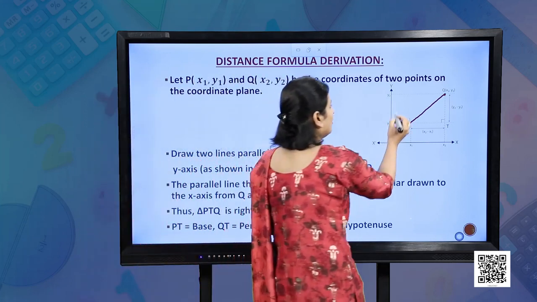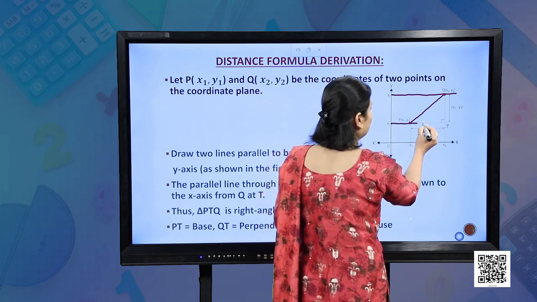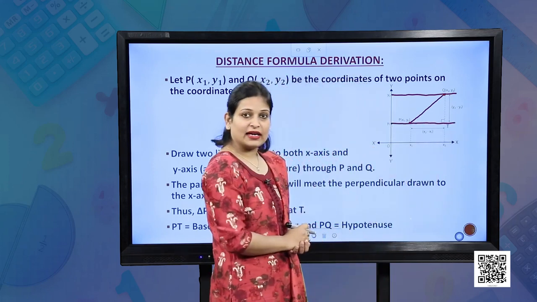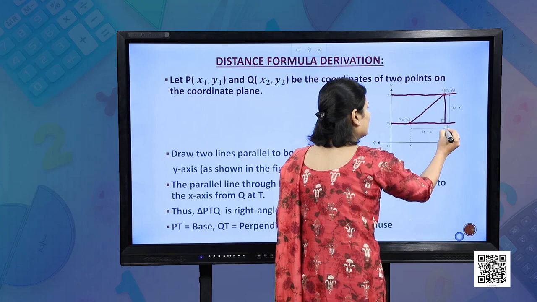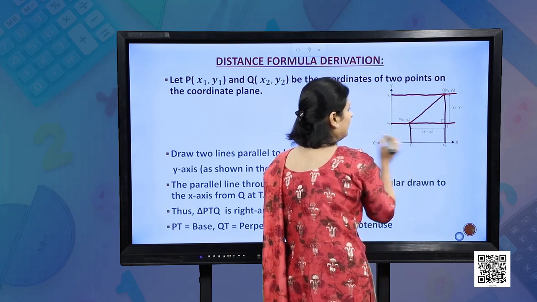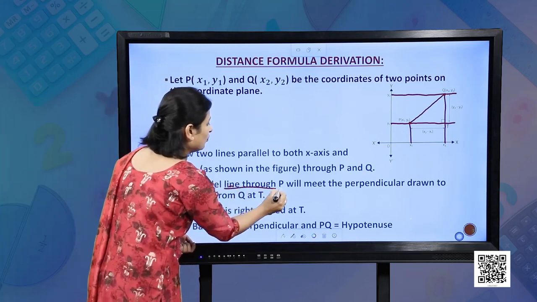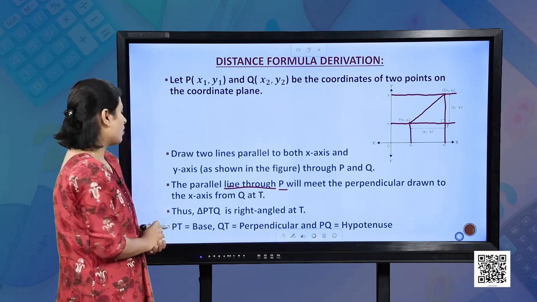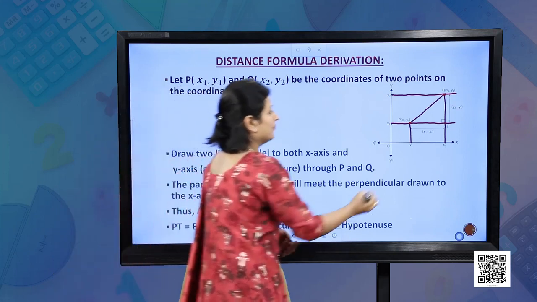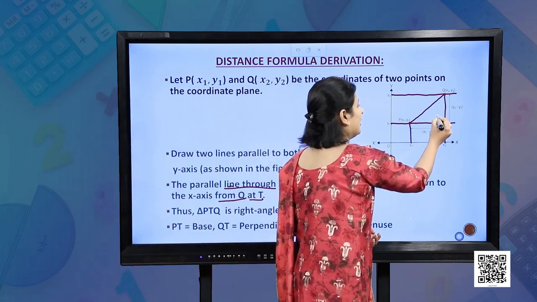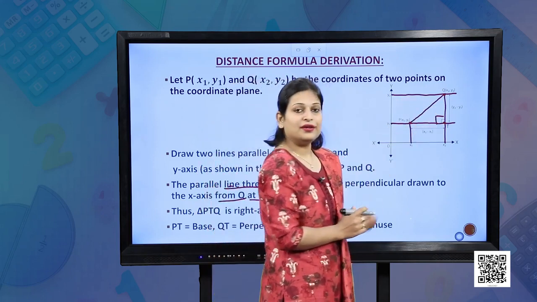Then we need to draw two lines parallel to the x axis from points Q and P, and two lines parallel to the y axis from points Q and P. Now, as you can see, the parallel line through P will meet the perpendicular drawn to the x axis from Q at T. So, we will get a right angle triangle, right angled at T, with vertices P, Q and T.